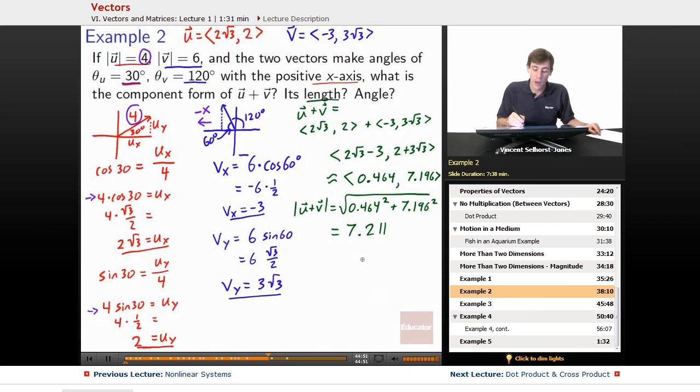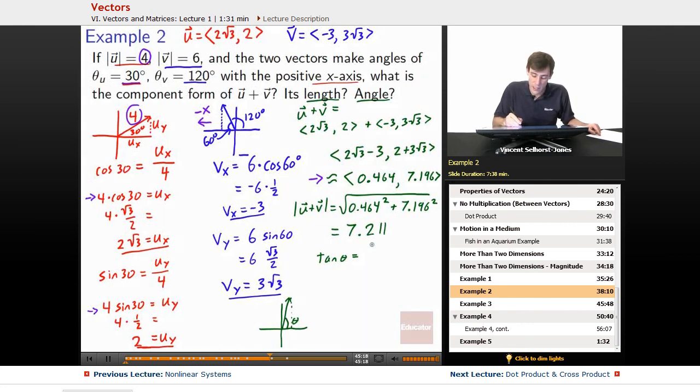If we want to figure out the angle that it's at, first thing we probably want to do is draw a quick diagram so we can see it. So remember, it was at this one right here in terms of its components. So 0.464, just a little bit over on the x component, and then 7.196 up. So it's like this. So we can see that that should be what the angle is like. So remember, tan theta is equal to the side opposite divided by the side adjacent.